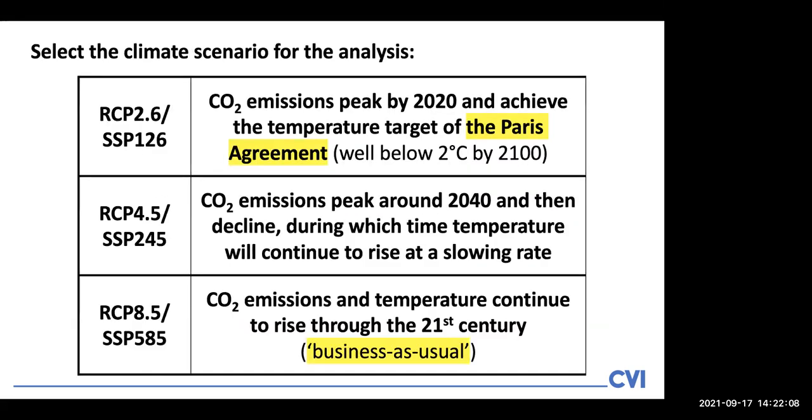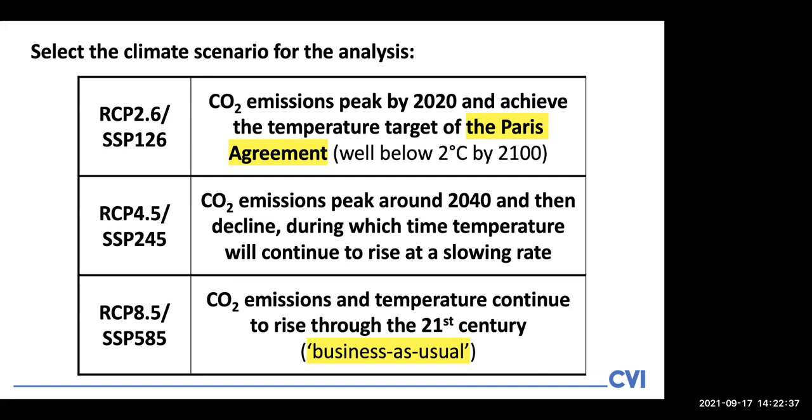In addition to that, you'll recall that there are different climate scenarios, pathways forwards that we can take and consider in the analysis. On the right-hand side of this table, you'll see various descriptions of pathways going forwards. On the left-hand side, they correspond with codes that are used by the Intergovernmental Panel on Climate Change and the associated folks working in there.